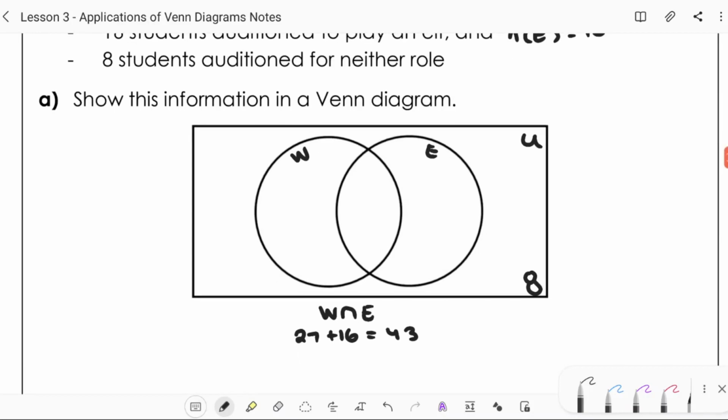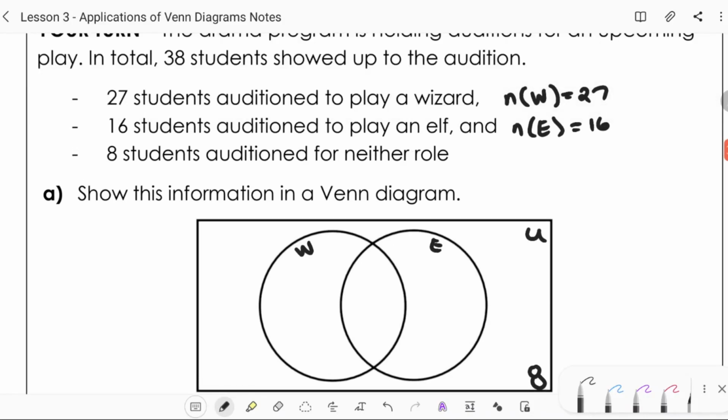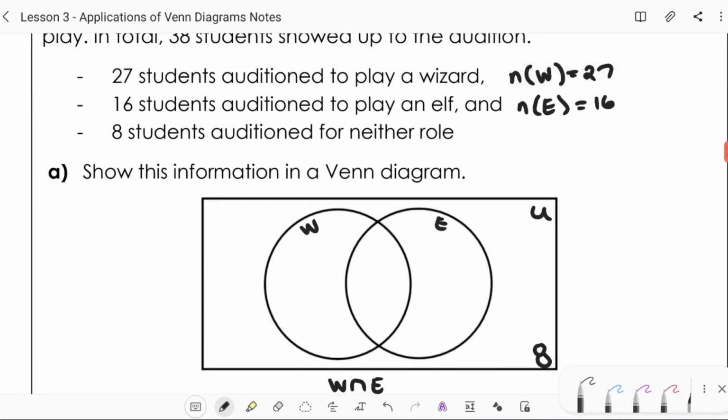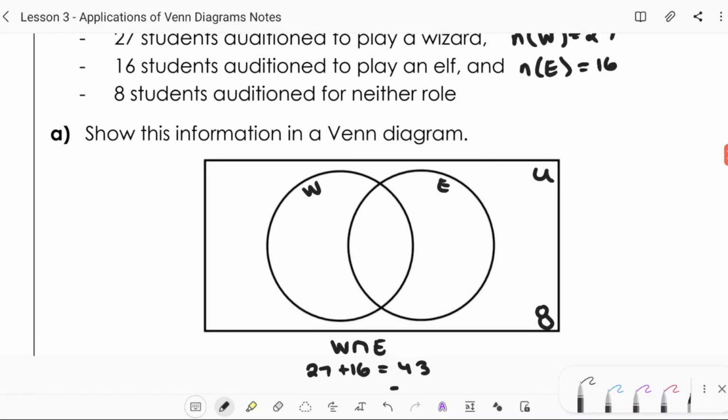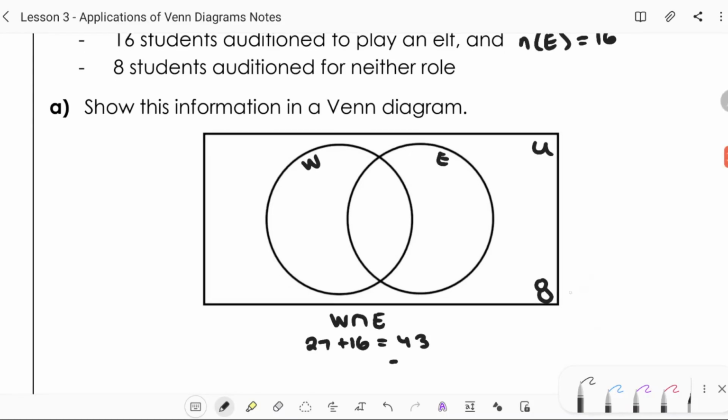And then I need to subtract from that the number of students who auditioned for those two things total. In this case, it tells us 38 in the question, but we know 8 kids didn't audition for either of these roles. So 38 minus 8 means I had 30 total auditions for a wizard or elf. So that's what I'm going to subtract here.